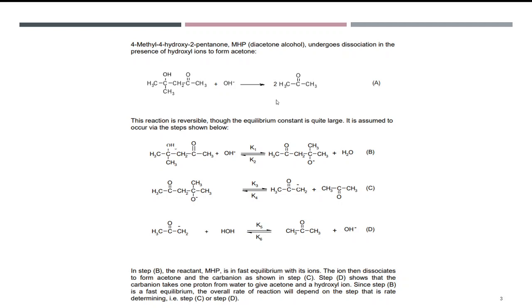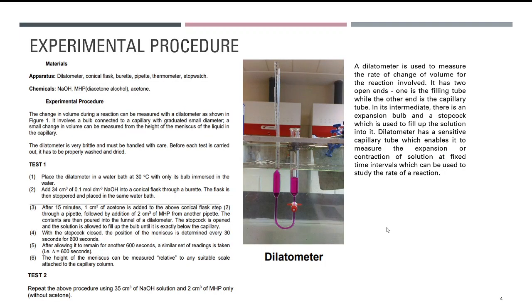So they go through various steps, and this is the reaction step B. In step B, this is a fast reaction. So then it boils down to whether it is actually step C or D which is going to be the rate determining step.